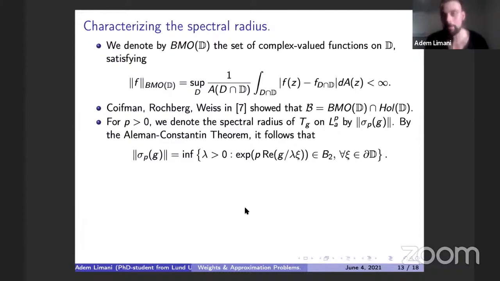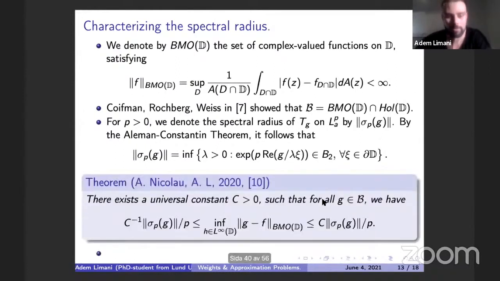By the Aleman-Constantin theorem, this will basically agree with the infimum of lambda such that, going around the entire circle in zeta, this will be a B2 weight. Using this characterization, we can give a description of the spectral radius, and this is the content of our next result.